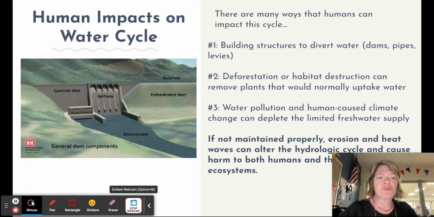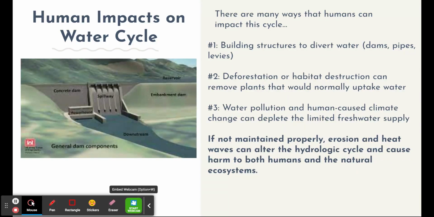So water pollution and human-caused climate change, like we say, can actually deplete the limited freshwater supply. Okay, and then if not maintained properly, both erosion and heat waves can alter the hydrologic cycle, and this can cause harm to both humans and natural ecosystems.